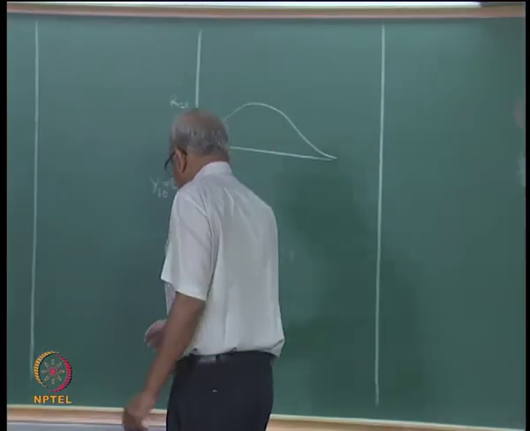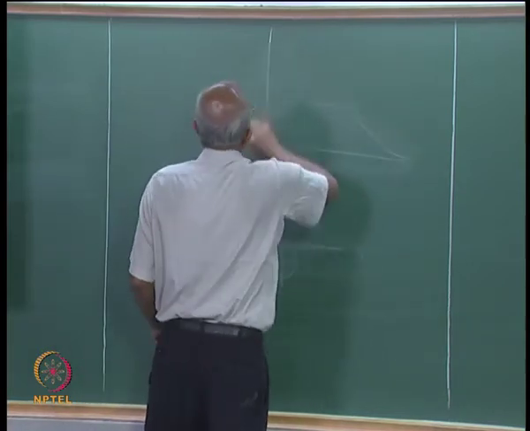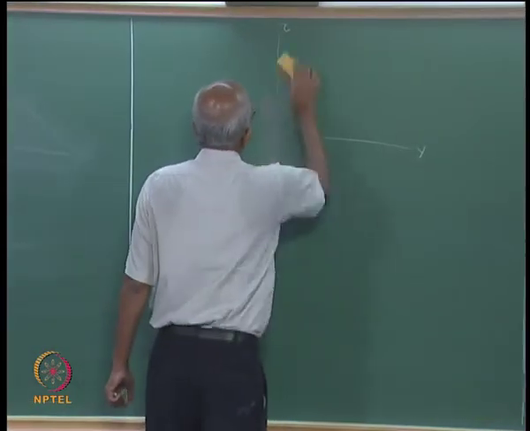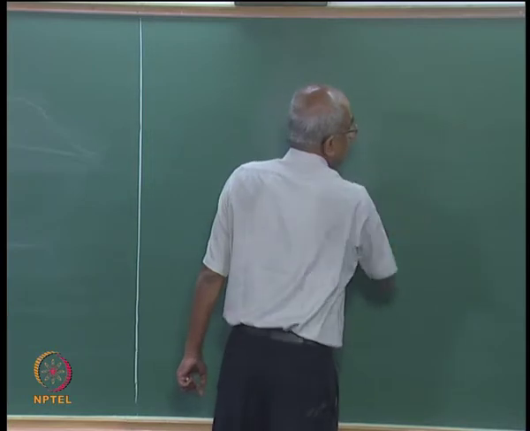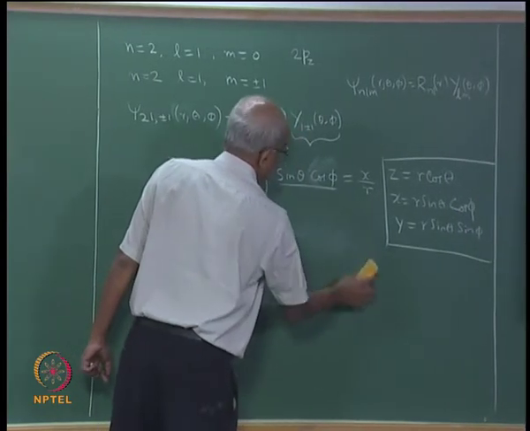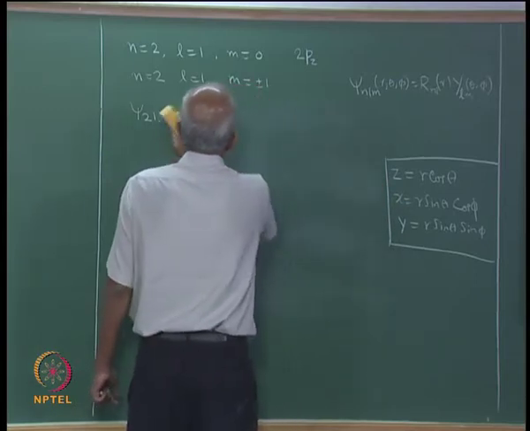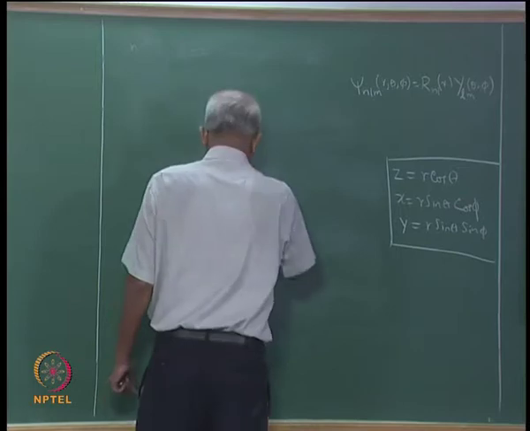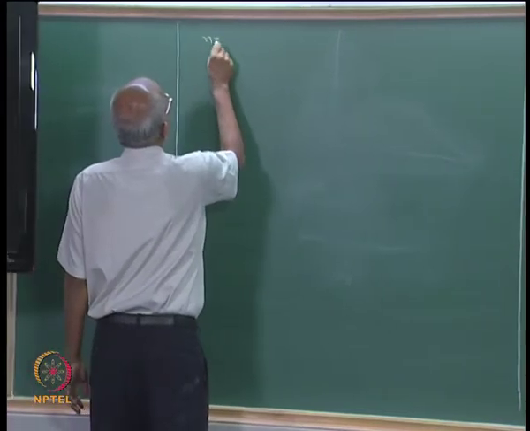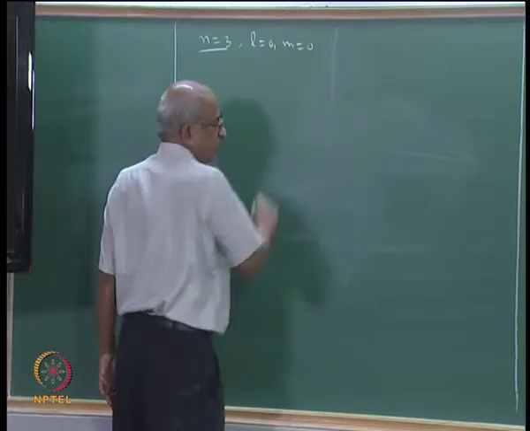So, let us look at n equal to 3. If n is 3, I can have l equal to 0, in which case m will automatically be equal to 0.